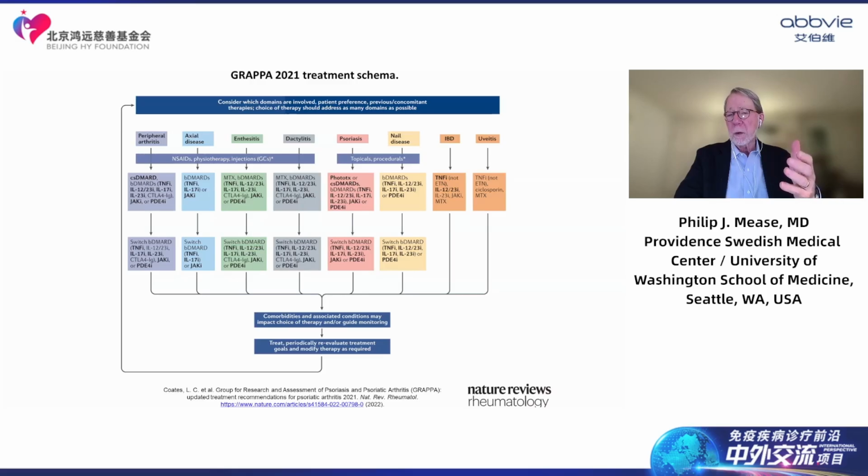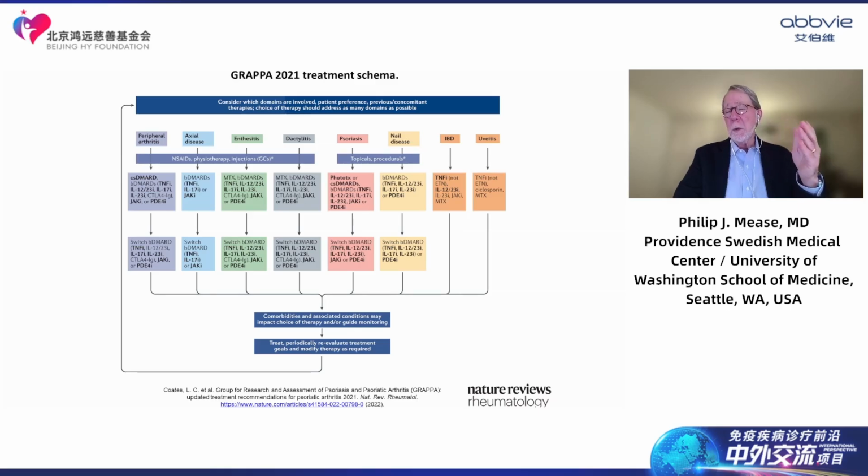The other thing that's notable here is that we don't necessarily suggest one drug over another. I know that it's very common for us to start with methotrexate in psoriatic arthritis, but methotrexate doesn't affect the spine, and it may not be effective adequately in the peripheral joints.